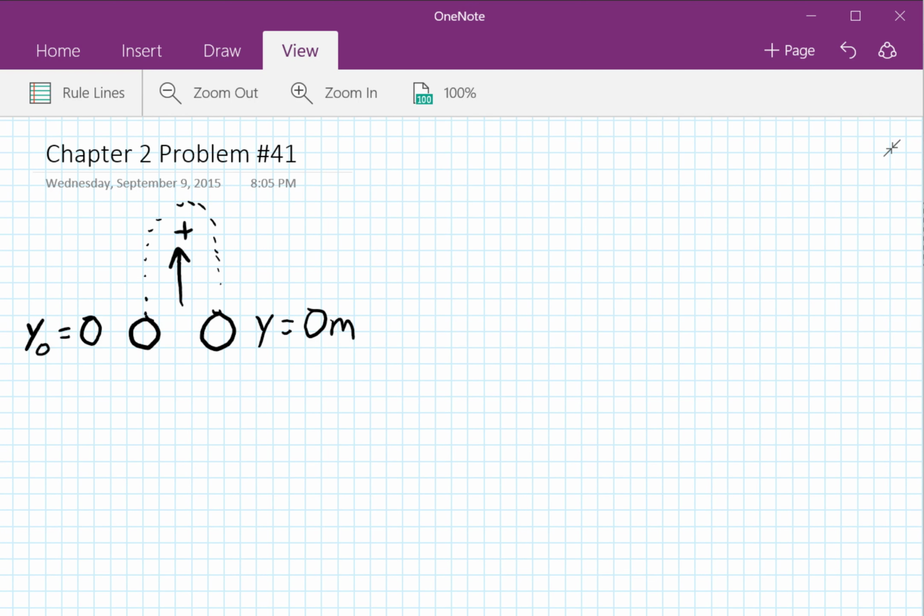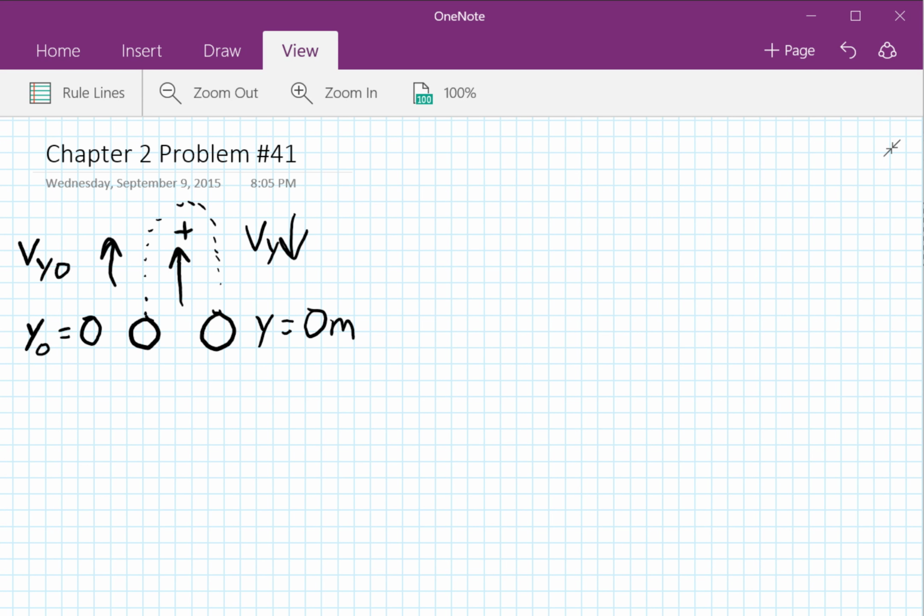The velocity going up is your v y initial, and we just know it's going up. And when the object's falling back down, we know that v y at the end is just going to go down.